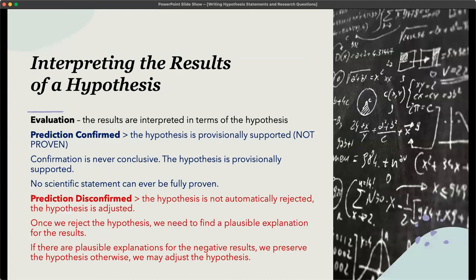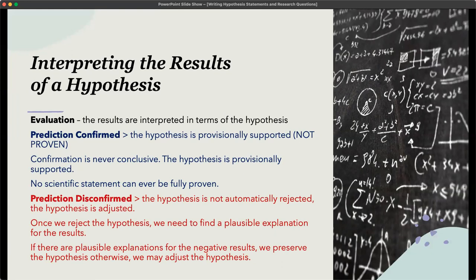So, interpreting the results of a hypothesis. Now, we've done the background information, we've created our hypothesis statements, we've tested the hypothesis, and run the data through the statistical tests. Now we're going to find out whether the results support the alternative hypothesis or the null hypothesis.